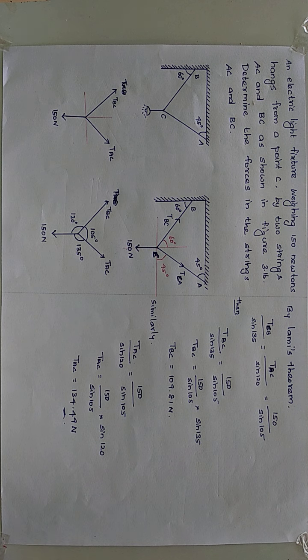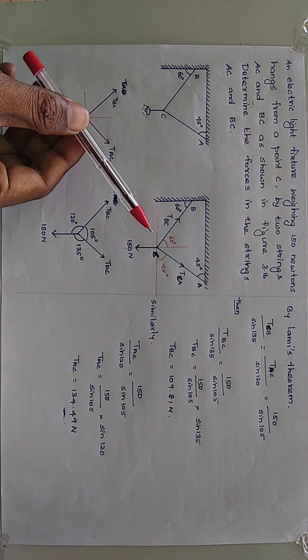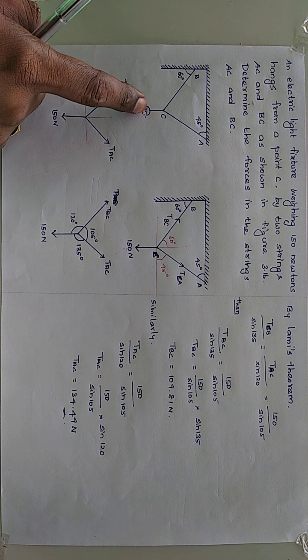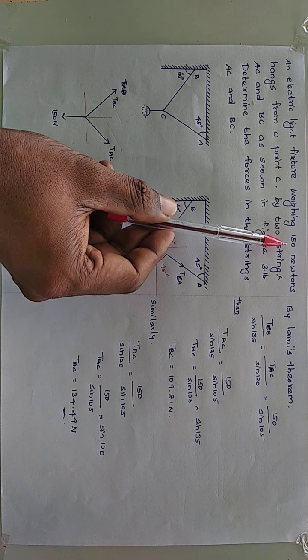Now the diagram is given in the question. So listen, is the bulb moving? No, the bulb is not moving. The bulb is at rest. That means the resultant value is 0. So how to solve this? Here the bulb has weight 150.